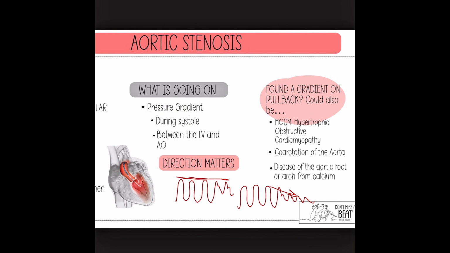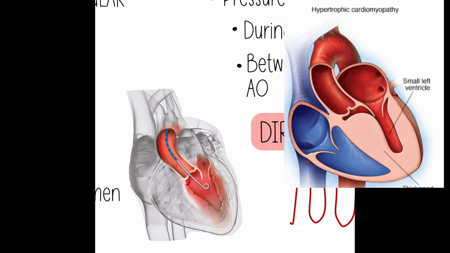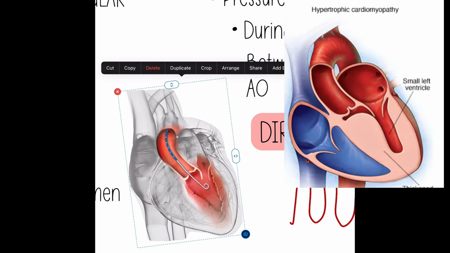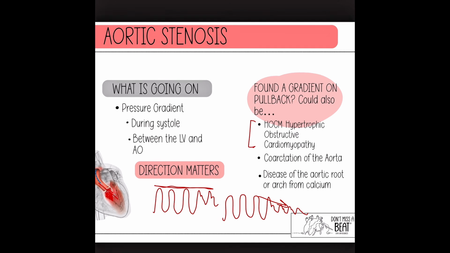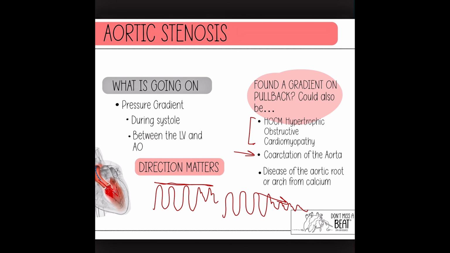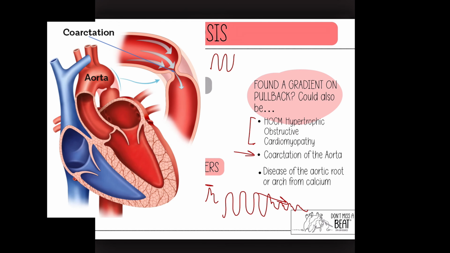So if you had a gradient during pullback, that could be HOCM, hypertrophic obstructive cardiomyopathy, where you have hypertrophy usually of the septal wall here. So it's going to mimic aortic stenosis when I do this pullback. Coarctation of the aorta, so you could have an intra-aortic gradient, which might look like this as you're pulling back, and you go, that's weird, why did that change?